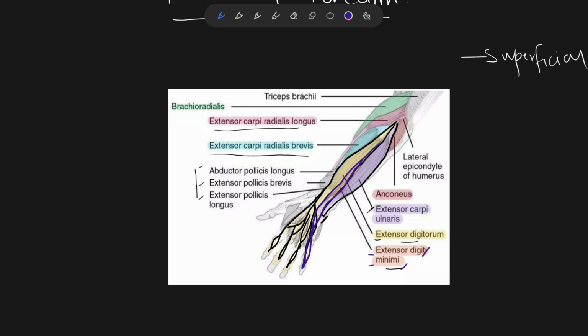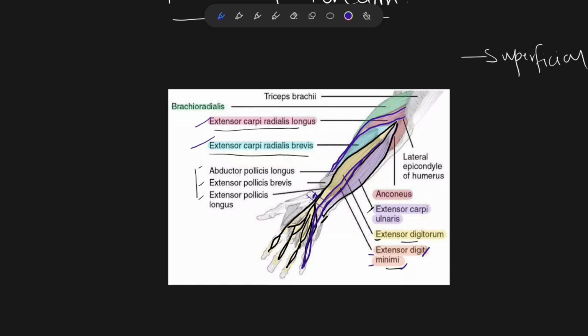Then over here we have extensor carpi radialis longus and extensor carpi radialis brevis. How will we define this? This is of course the longest. It will travel all over the length of the arm and go to the first and second carpal bones.